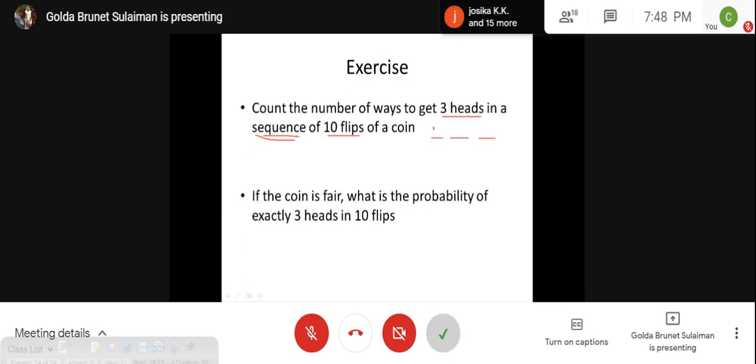So I have 10 different choices, right? Yes or no? The flip can be in any one of the 10 trials. And once you choose a trial here, the number of options you are left with is 9, right? And then 8.